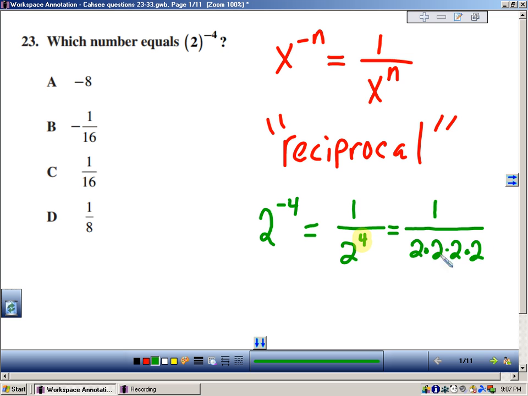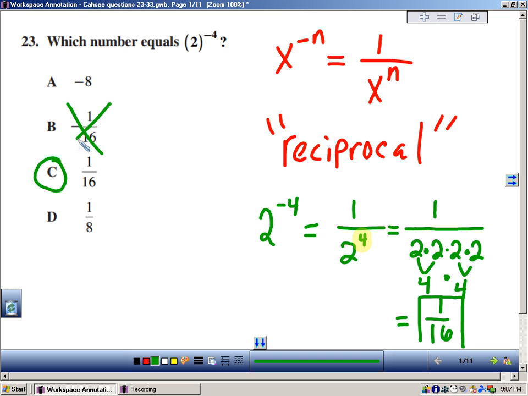So what's the product of that? Well, 2 times 2 is 4. And here you get 4 again. Now what's 4 times 4? 16. So your answer is going to be 1 over 16. Which is B. Or excuse me, C. There is no negative sign in the answer.